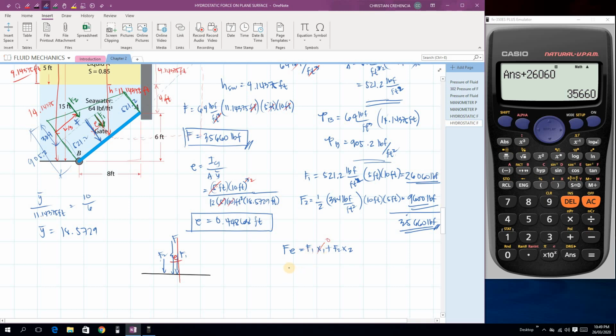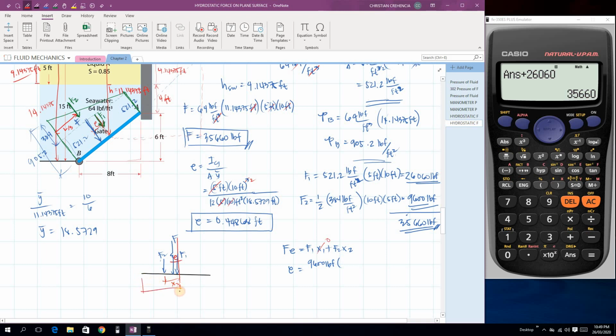So solving for E, so that is F2, 9,600 pound force times distance x2. Ang x2 natin is ito, no? Ayan yung x2. Okay.